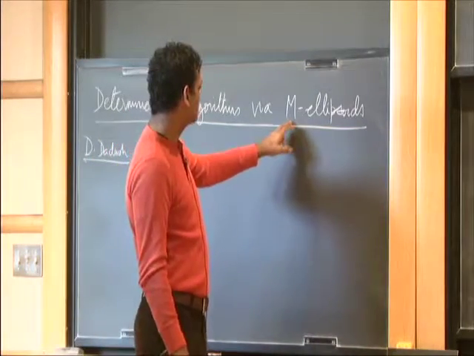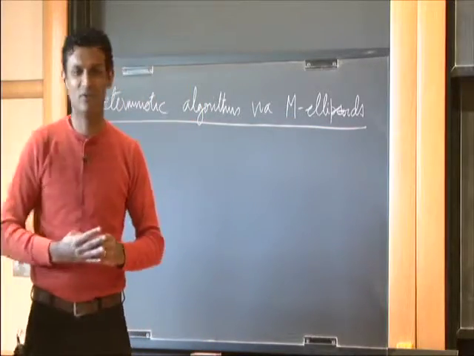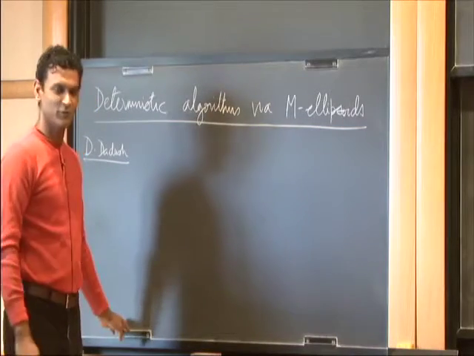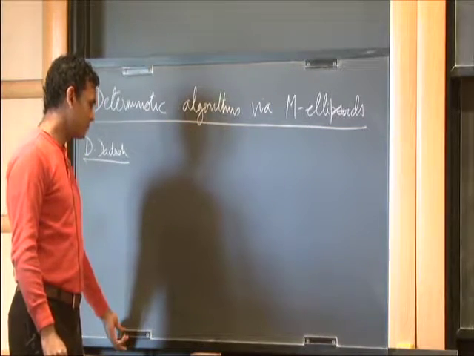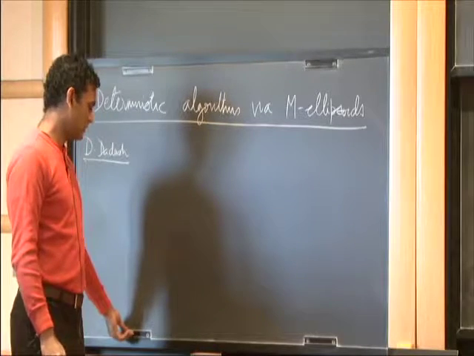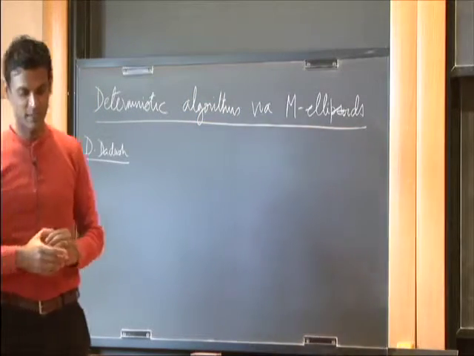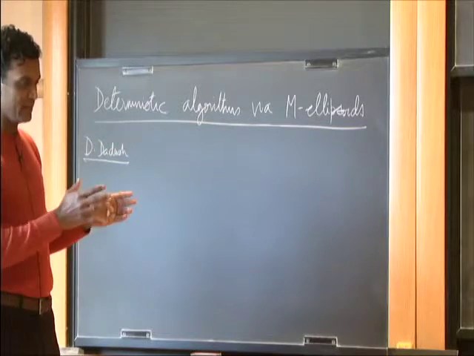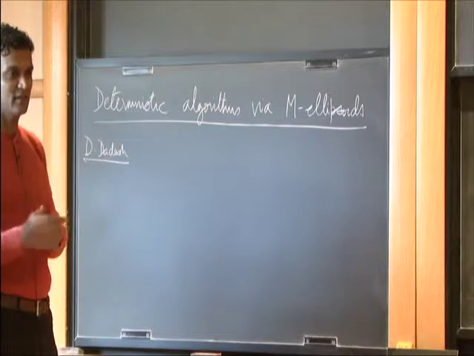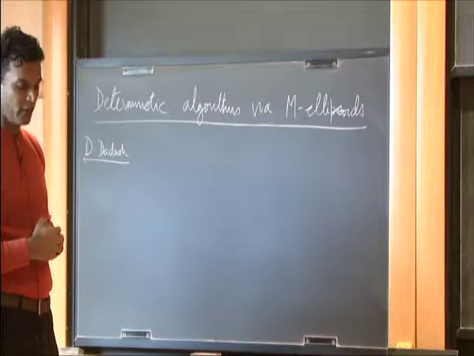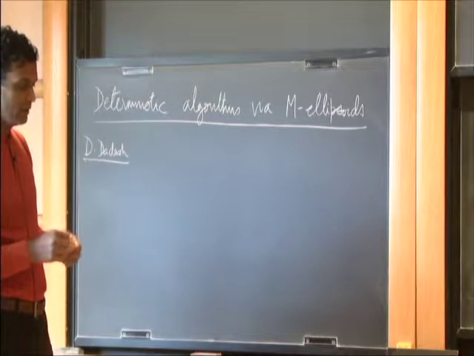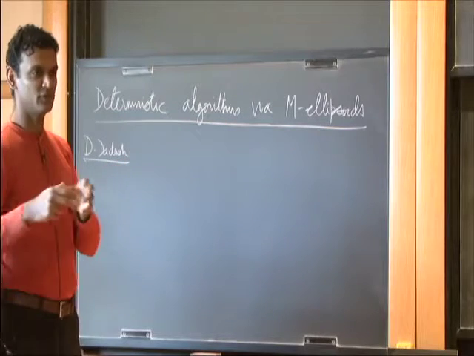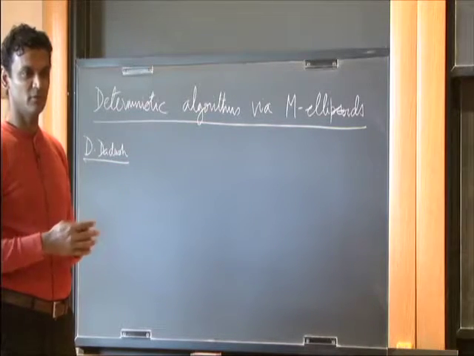Till about 2 years ago, I didn't know what an M-ellipsoid was, even though I was using ellipsoids quite a bit, and as I guess all of you know, they're very useful in computer science and algorithms. Starting with the ellipsoid algorithm, where convex minimization is done by a sequence of approximating ellipsoids. In fact, all known polynomial time algorithms for convex optimization use some sequence of affine transformations, which are equivalent to finding ellipsoids.